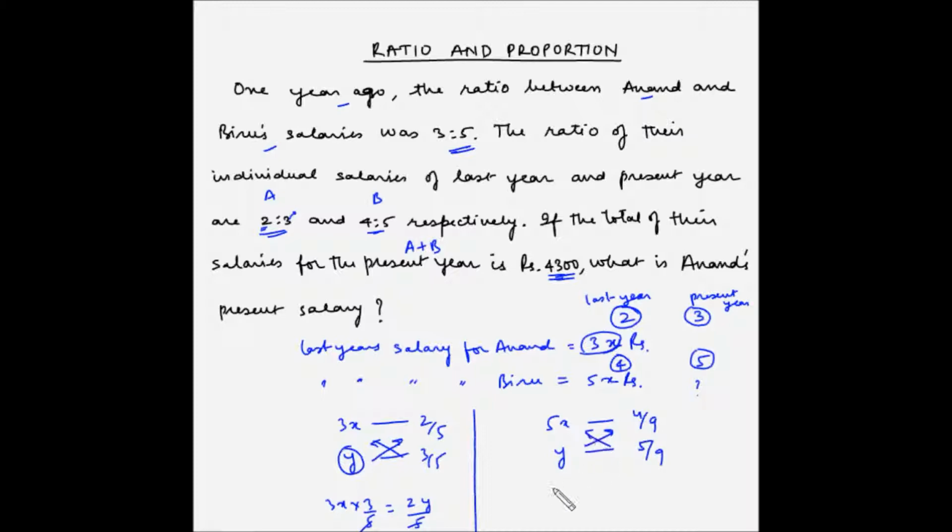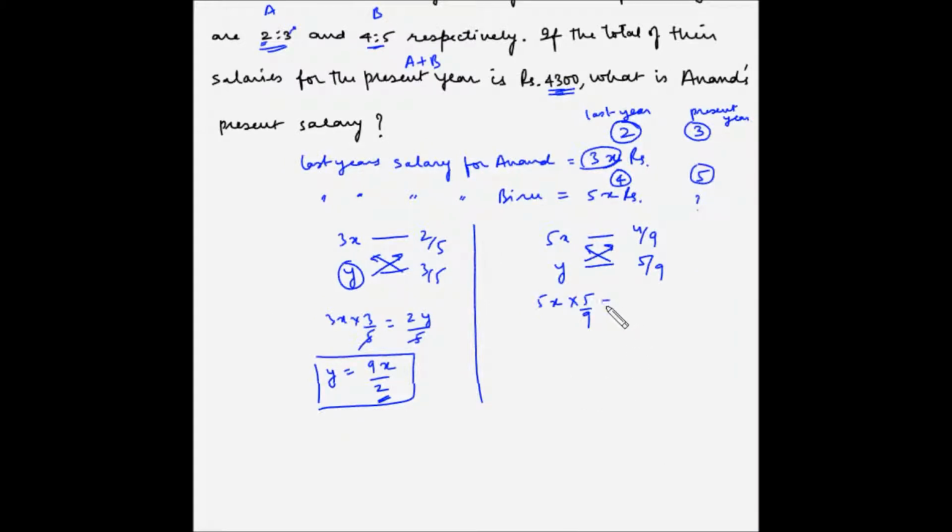Again cross multiplication. So 5x multiplied by 5 by 9 is equal to 4y by 9, or this 9 gets cancelled with this 9. So 5 5s are 25. 25x is equal to 4y, or y is equal to 25x by 4.